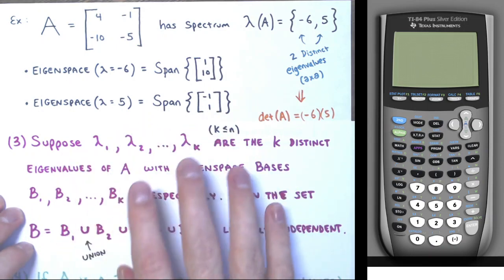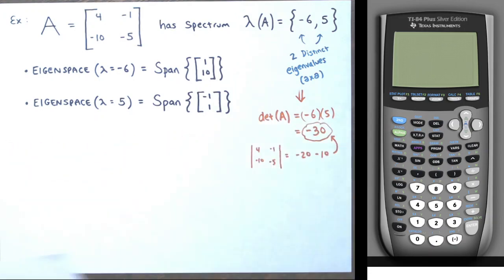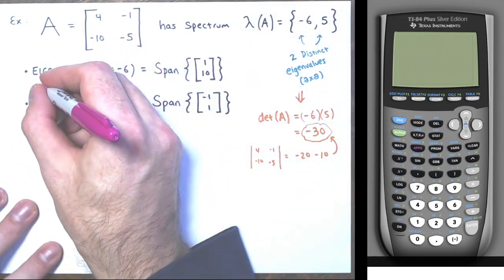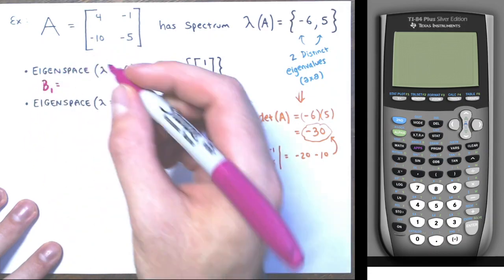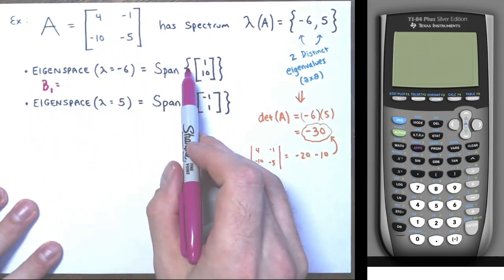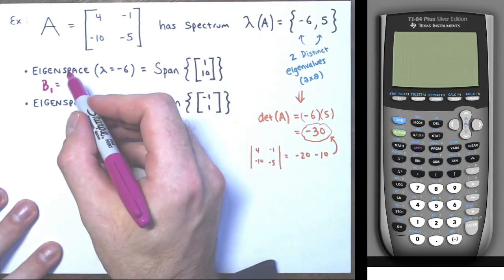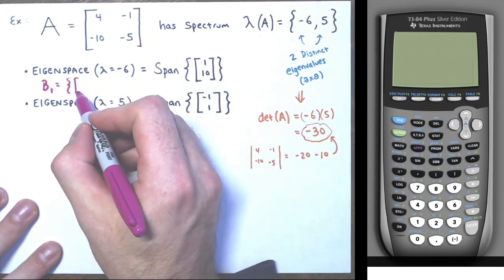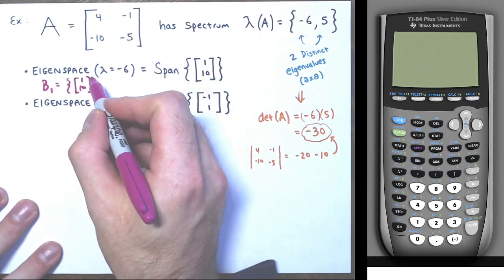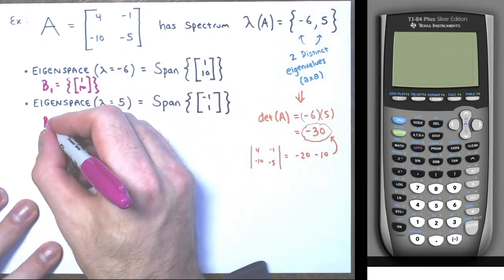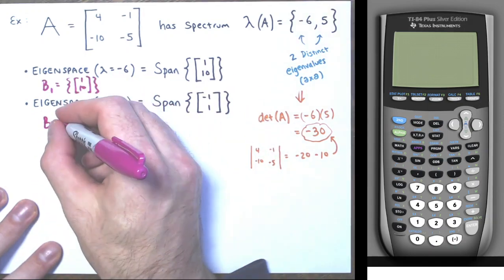So again, what statement 3 is about is the following. Take the bases for these. I'll call the basis for the first eigenspace B1. The basis for this eigenspace is clearly the set with the vector (1, 1, 0) in it. And I'll call the basis for this second eigenspace B2.